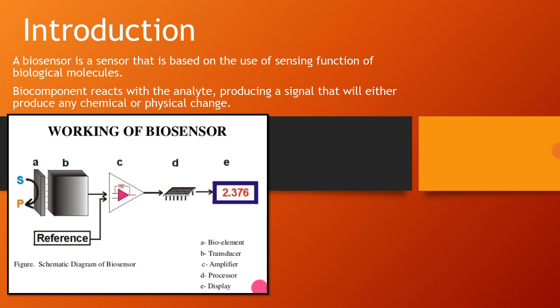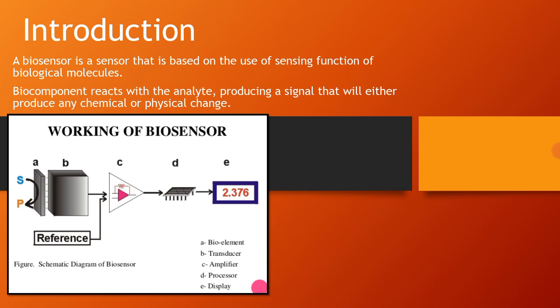So now starting with the A, that is the bioelement. Okay, now the bioelement, which is our biological molecule that is carrying out the reaction. All right, then the B portion is the transducer. The transducer will transfer that signal. C will be the amplifier that will amplify that signal, that result.